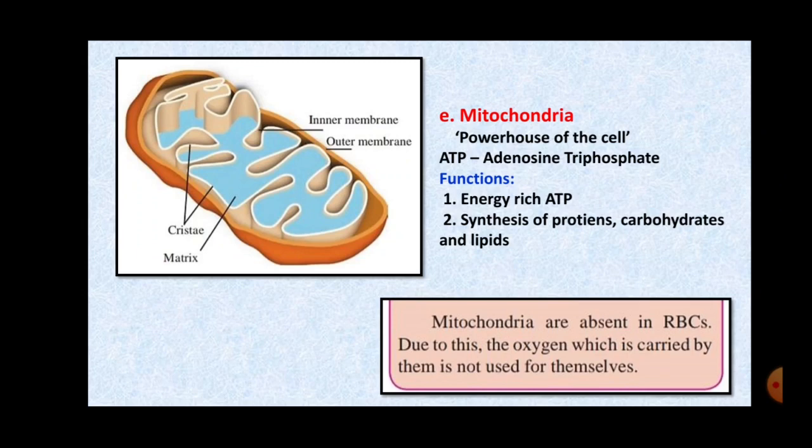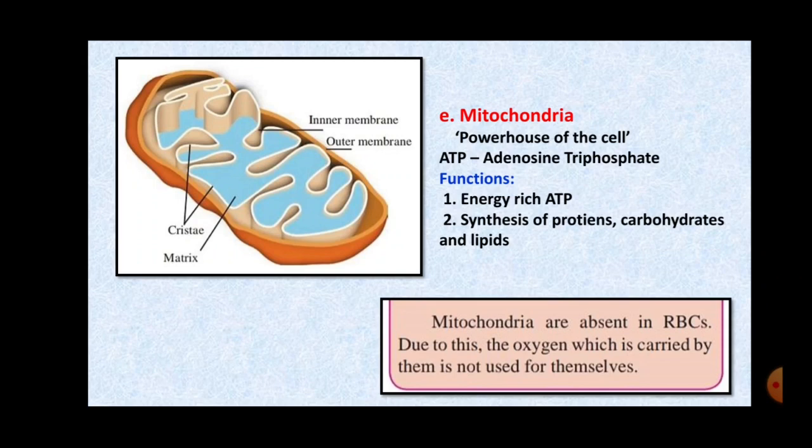Because they carry the oxygen. RBC function, as I told you in the previous lesson, if you remember, RBCs are red in color. They have an iron compound, hemoglobin, because of which the color of the RBC is red. Now, this hemoglobin combines with the oxygen which we inhale in respiration, and it forms a compound, oxyhemoglobin, right?